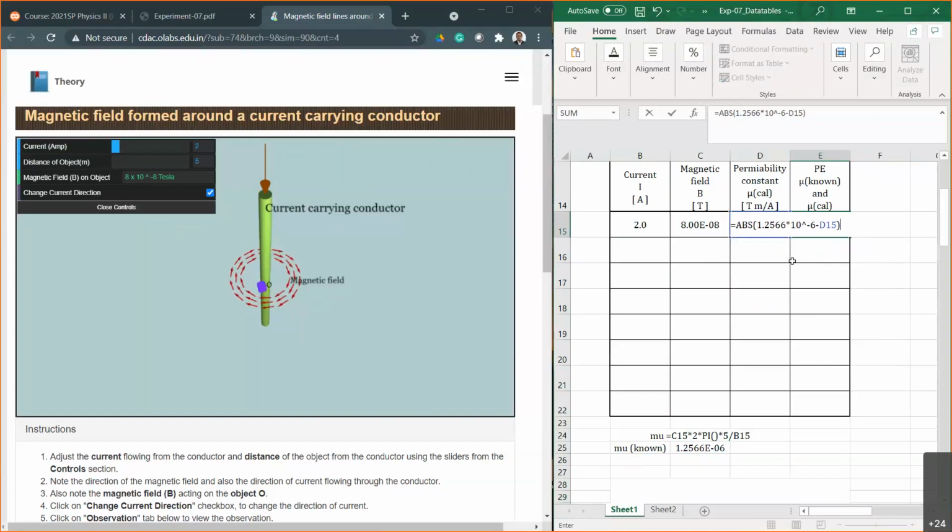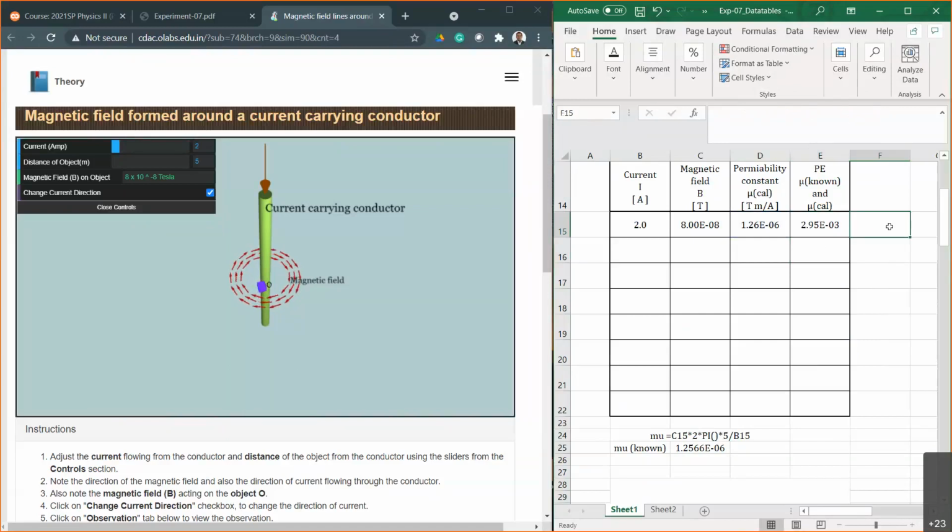And then divide by expected value 1.2566 times 10 to the power minus 6, multiplied by 100. Very, very small, because both numbers are almost the same, okay? Make sure you put a parenthesis for this, otherwise I think this 100 can multiply with 10 to the negative 6, okay?